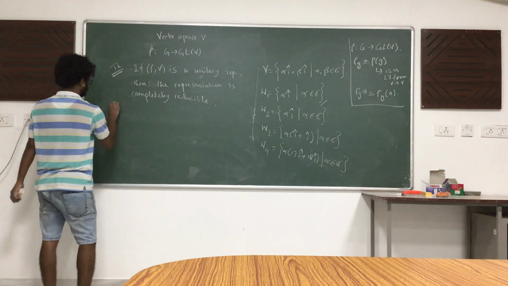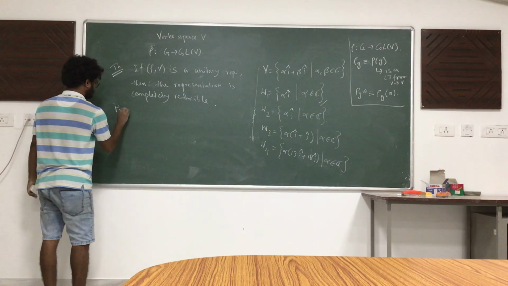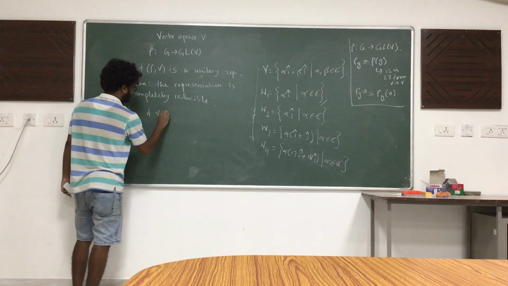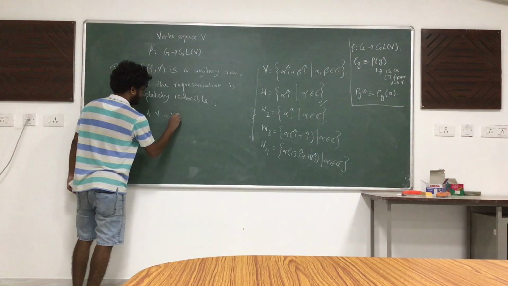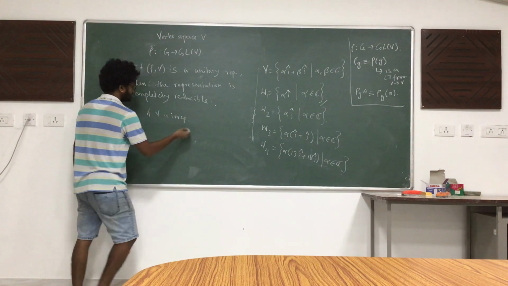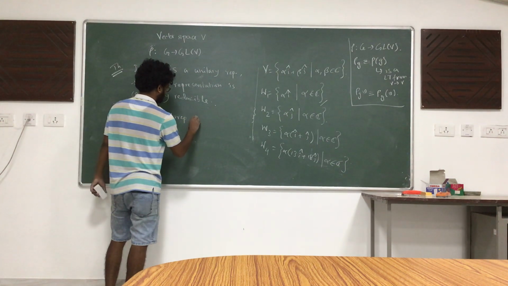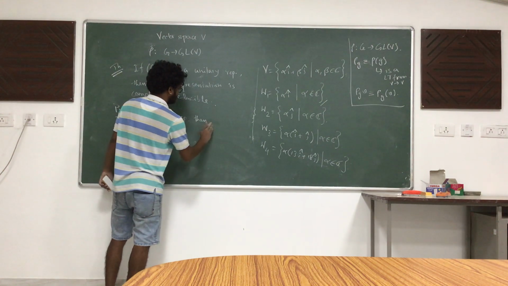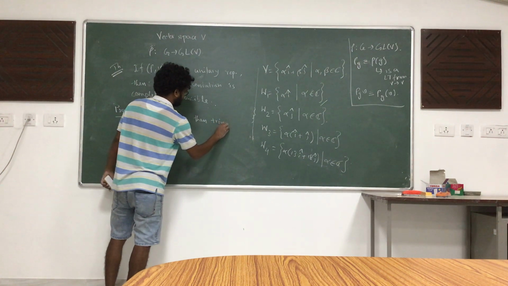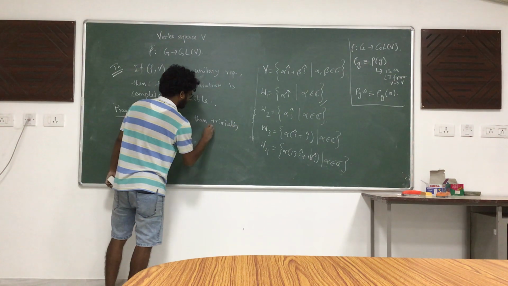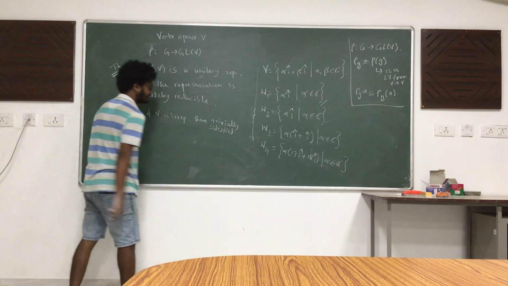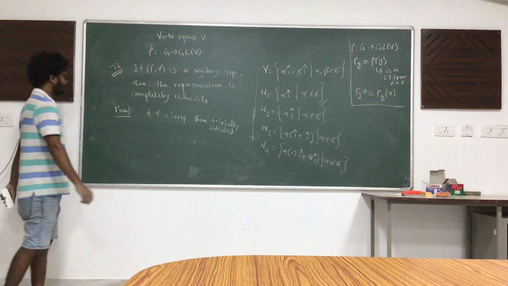So the proof: if V is irreducible, then the trivial case is satisfied for the complete reducibility criteria.